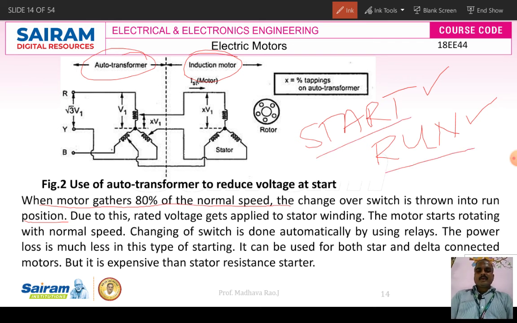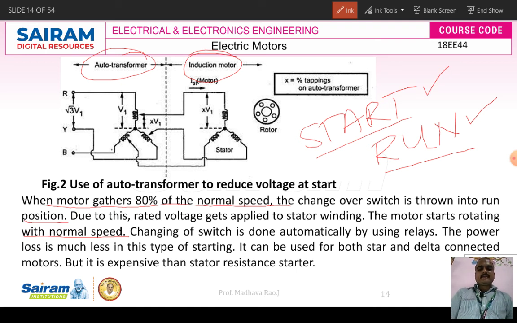The rated voltage is then applied to the stator, and the motor rotates at normal speed. The changeover is done automatically using relays. The relay senses the motor speed, and once the motor reaches rated speed it changes to the run position.